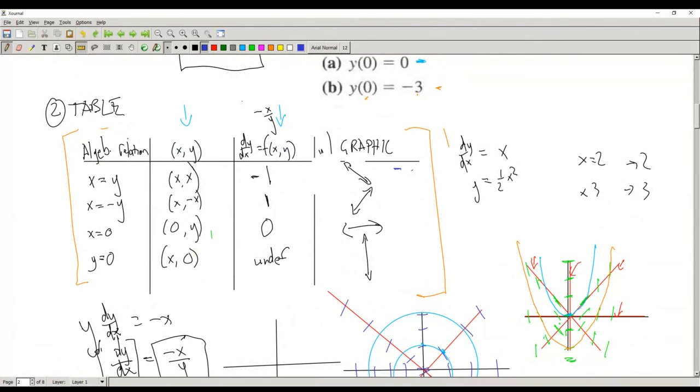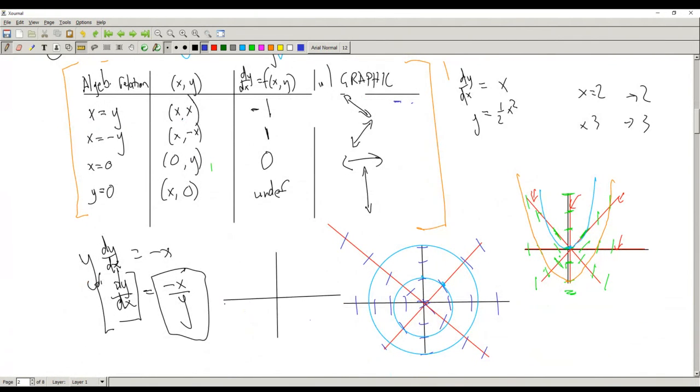The algebraic relation, the reason why we do it like this, why we end up saying let's figure out, we're basically creating an equation to discover what the gradient is if we were to plot points along this line here. So along this line here, the equation for that is y equals 0. So that would be this one over here.